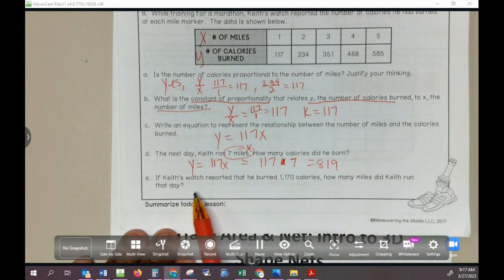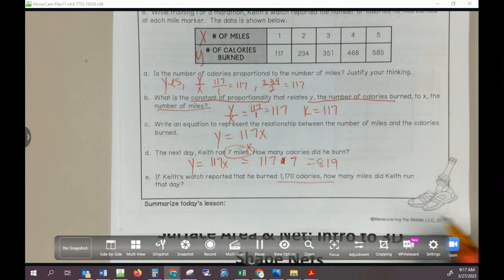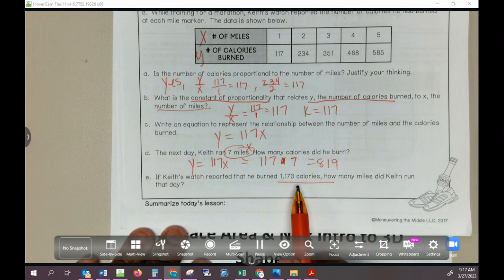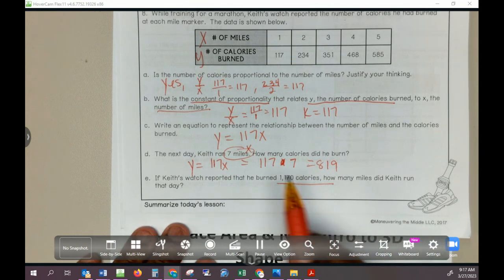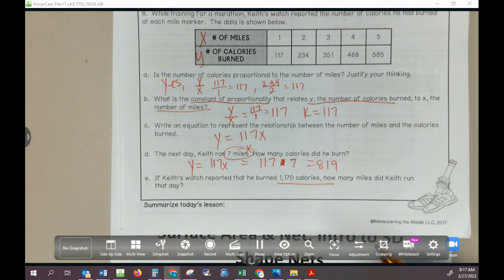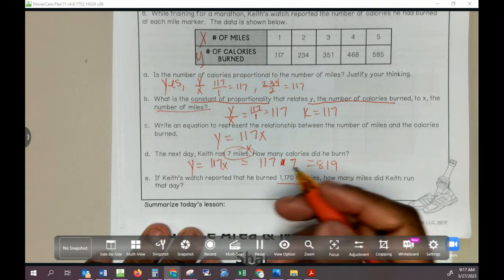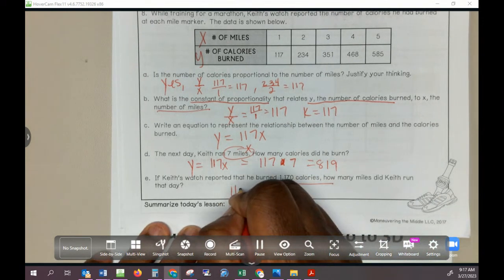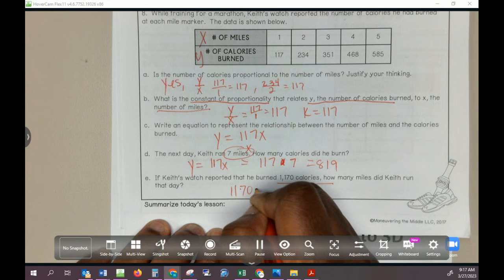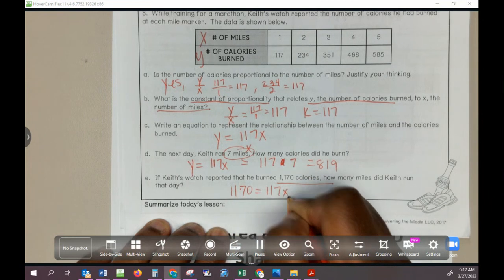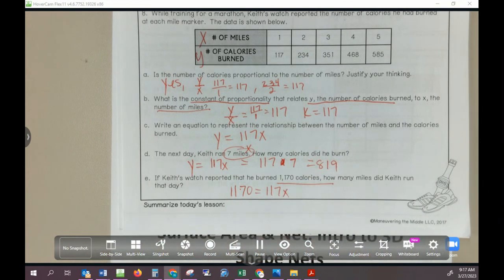All right, E for Jordan. If Keith's watch reported that he burned 1,170 calories, how many miles did he run that day? So if I know how many calories he burned, that means I know, do I know x or y? I know y, so I can plug that also into my equation and solve for x.